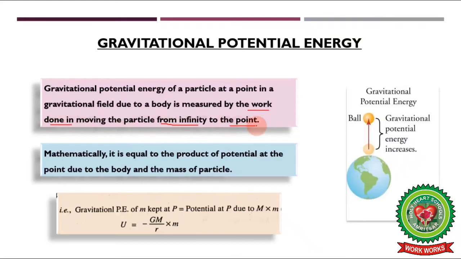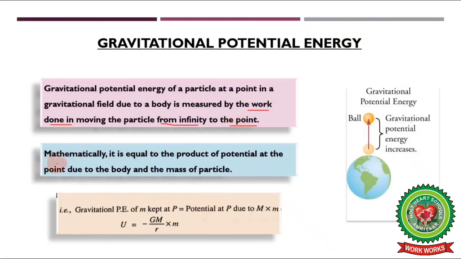Now, what basically is the difference? In the previous gravitational potential, we read that it is the amount of work done in bringing unit mass. But here it is the amount of work done in bringing the mass, or the body, from infinity to that point. Here we are not going to consider unit mass; we are going to take its value, its mass will be considered.